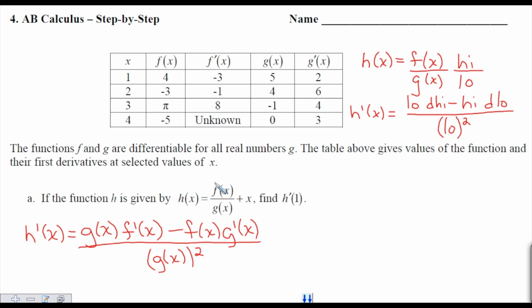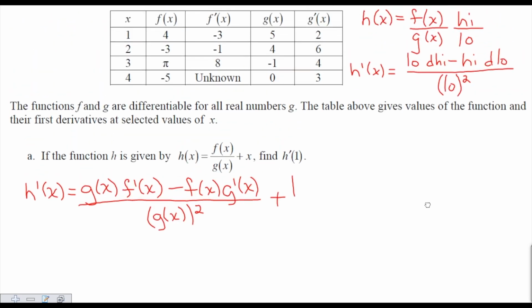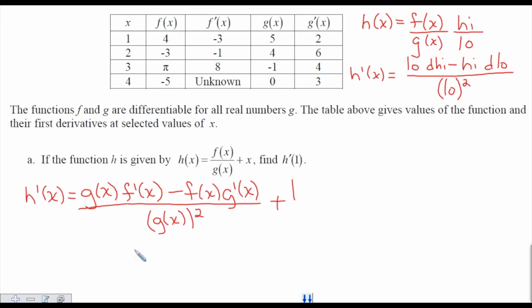Now remember, that's just the derivative of this quotient, and then we have to take the derivative of x, which is simply 1. In order to find h prime at 1, take it down just a little bit, grab my pen hand and pull down a little bit. There we go. In order to find h prime of 1, I'm now just going to use my table values.